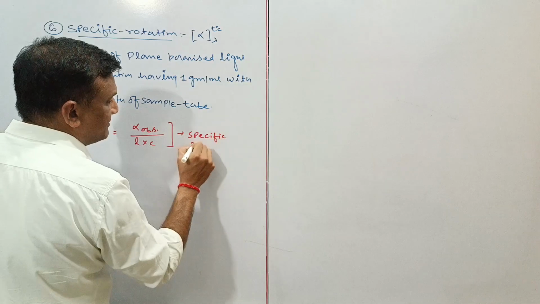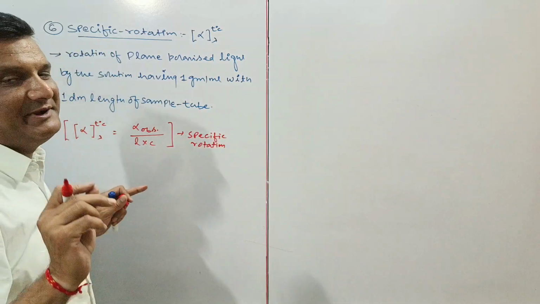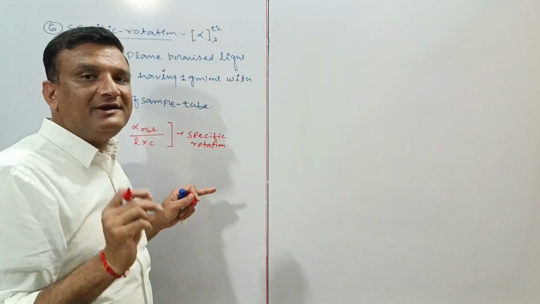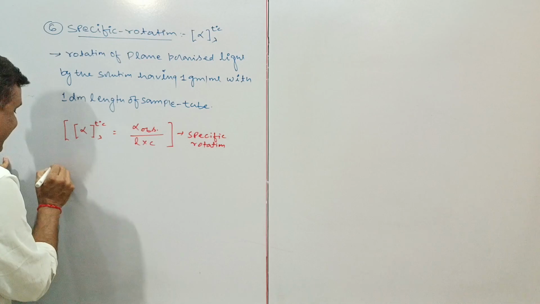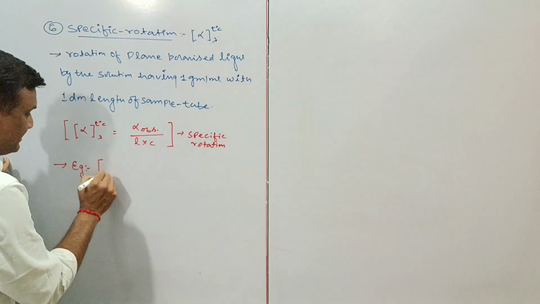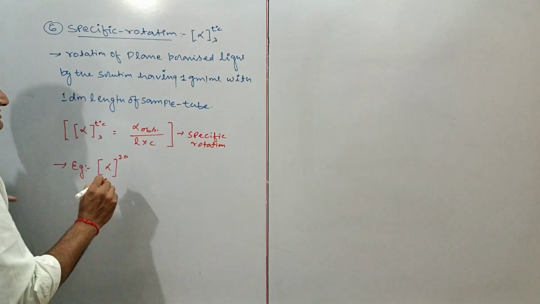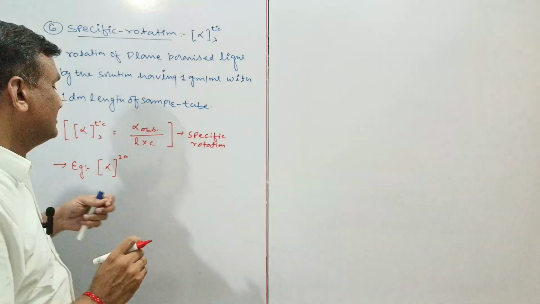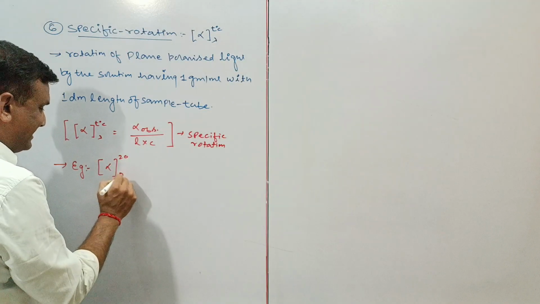Specific rotation. The value of specific rotation will be defined for each and every compound. Suppose as example there is alpha, this is the 20, and here we can take, this is the most important thing, lambda also, you can say D also.